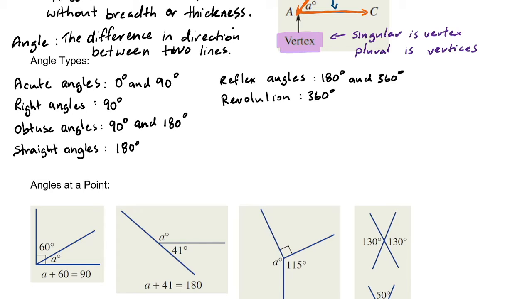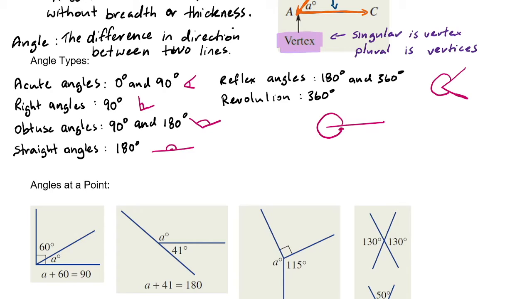So we have acute angles, right angles, obtuse angles, straight angles, reflex angles, and then we have revolutions.